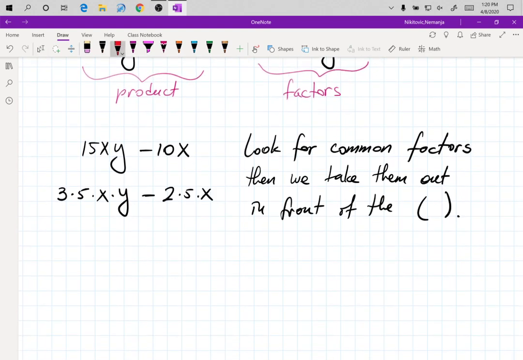The word is common. Well, 5 is common and x is common. So that is exactly what I put in front as common. And the rest are the leftovers, which is 3y minus 2.